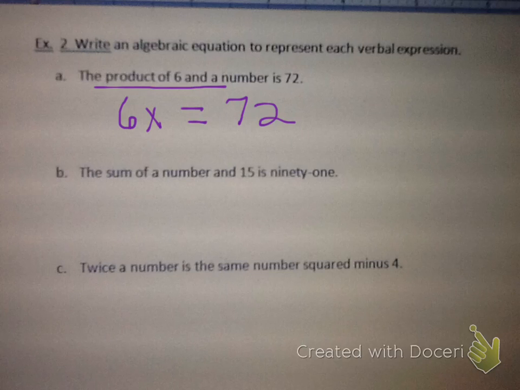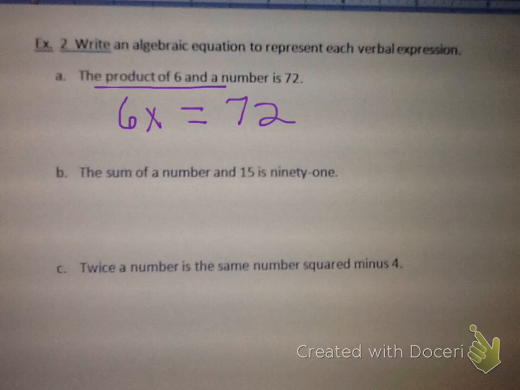Example 2, we're going to write an algebraic equation. The product means to multiply. The product of 6 and a number is 72. So that's 6x equals 72. Example B, the sum of a number and 15 is 91. Sum means to add.